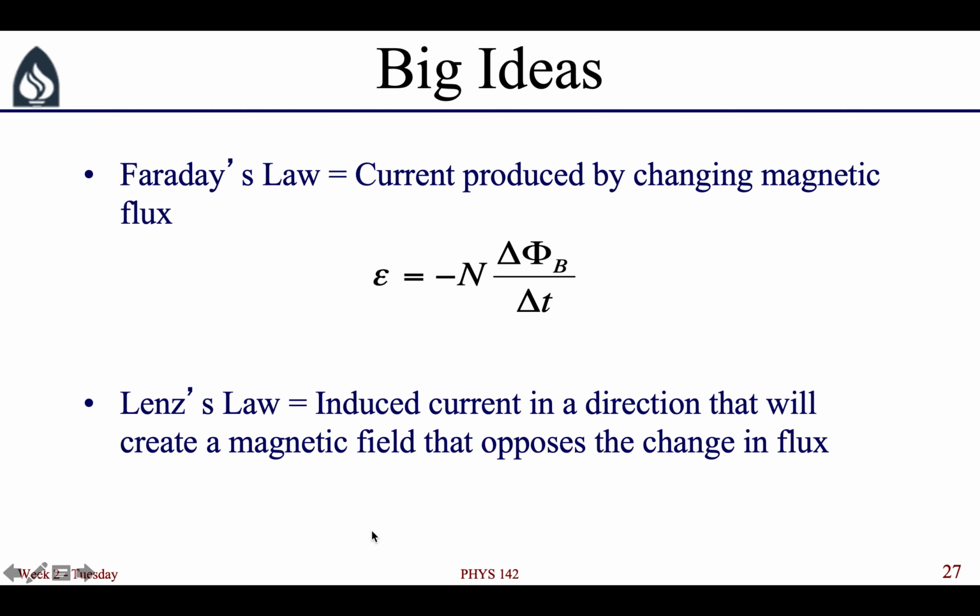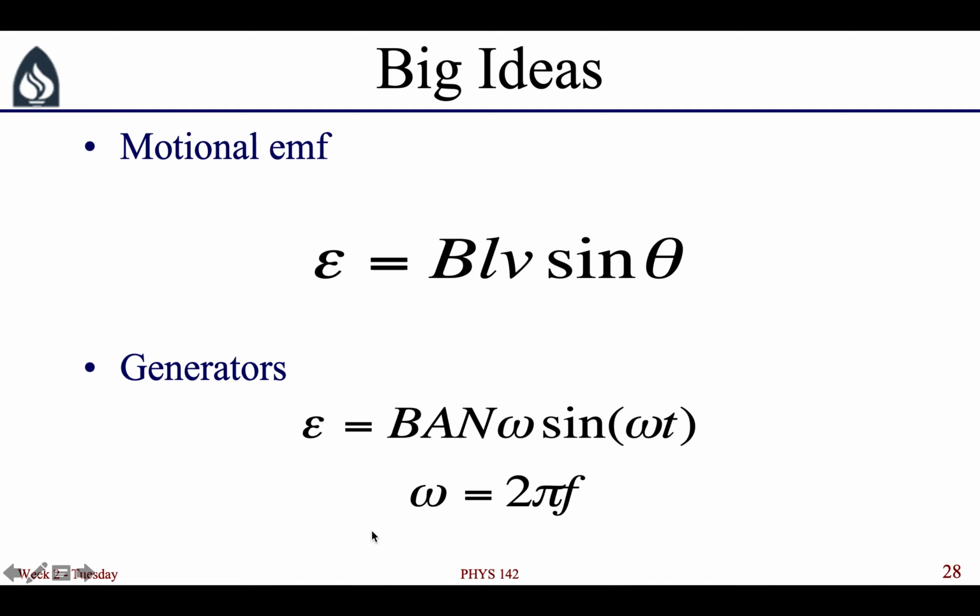So today we looked at Faraday's law, and we saw that current is produced by a changing magnetic flux. Then Lenz's law told us about what direction that current is in, and that it's in the direction that's necessary to make an induced magnetic field that fights the change in the flux.